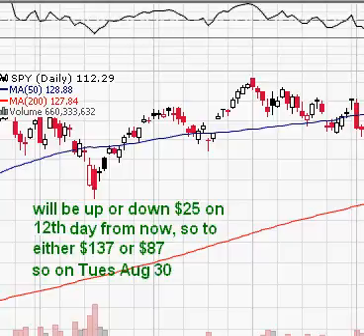Take it for what it's worth. Fascinating article on this in the recent Futures magazine that you might want to go look up online.